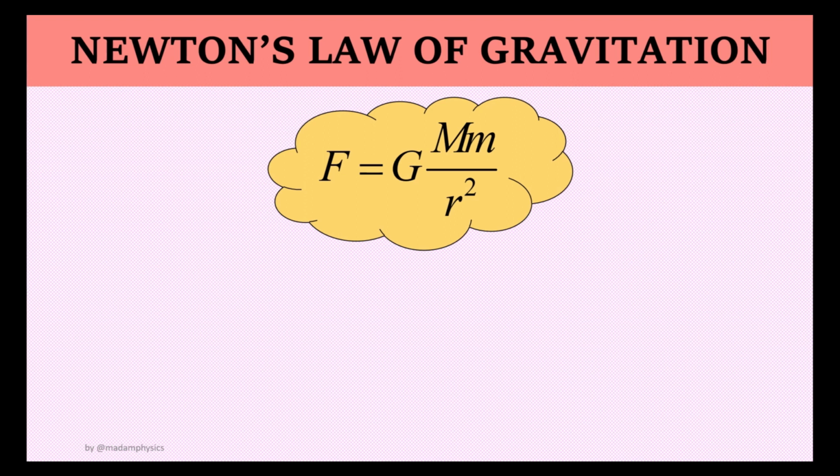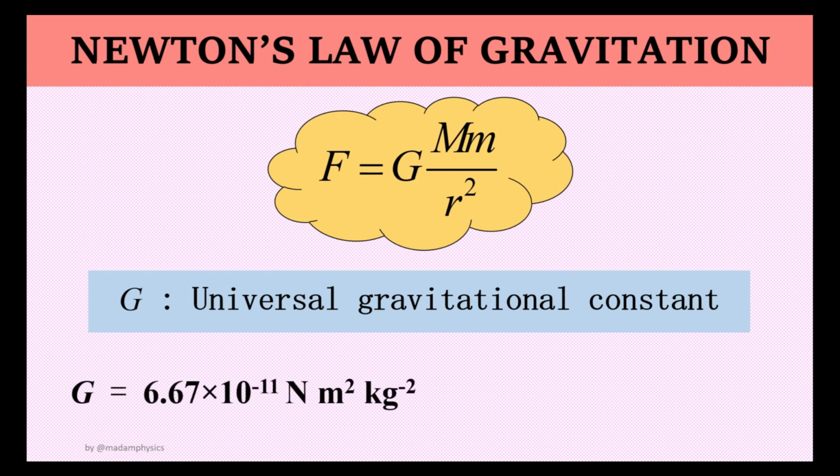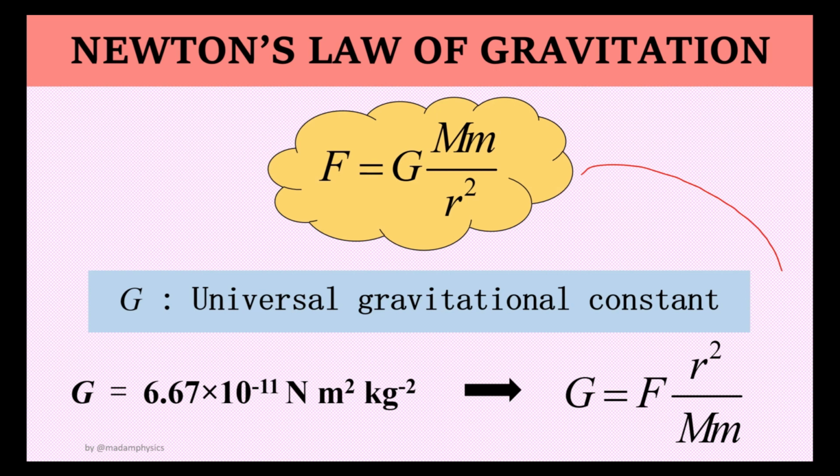Next, let's have a look at the constant G in Newton's law formula. G here is the constant of proportionality and it is known as the universal gravitational constant. It has a value approximately equal to 6.67 times 10 to the power of negative 11 and has quite a long unit, which is Newton meter squared per kg squared. However, you can easily derive its unit by rearranging this formula.